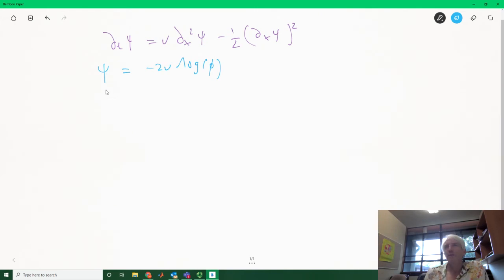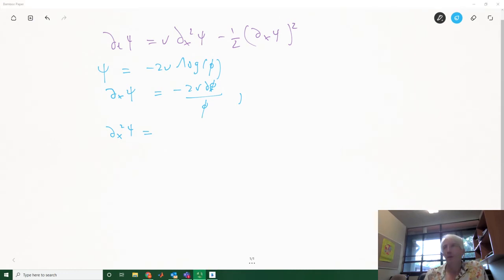So the x derivative of psi is equal to minus 2 nu times the x derivative of phi over phi. And then for the x derivative squared, now we've got to differentiate this. So what do we use? The quotient rule. Or we can just differentiate the top and do the product rule, maybe easier.